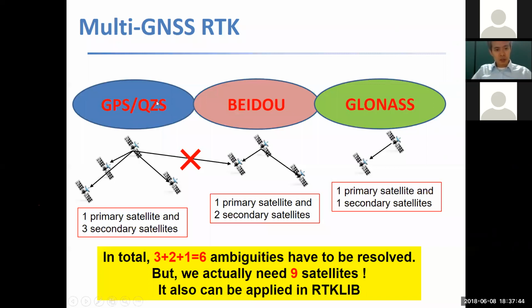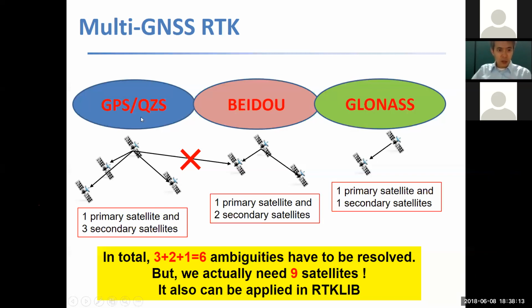So this is for the satellite case. Please remember that in RTKLIB and most RTK engines, we cannot use GPS, QZSS the same as Beidou. Which means you have to set up 1 primary satellite in each navigation satellite system: Russian GLONASS, Chinese Beidou, and GPS, QZSS.